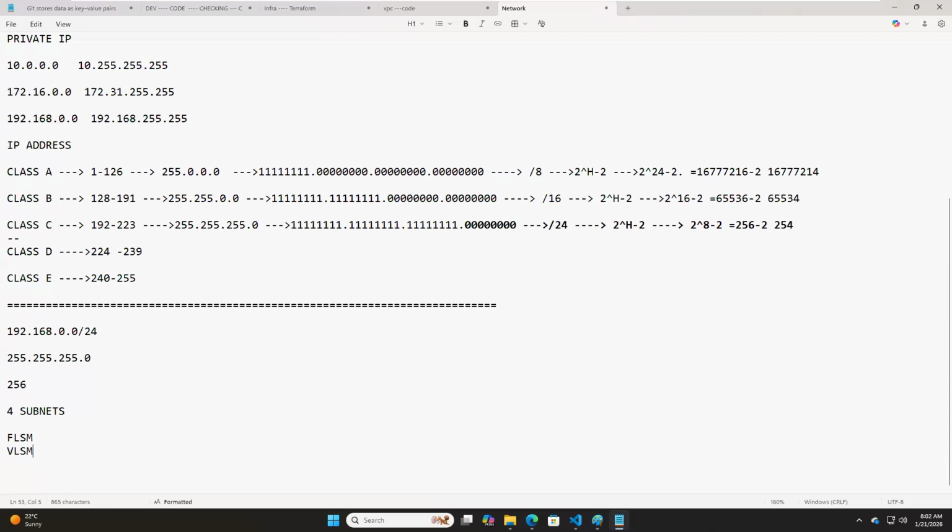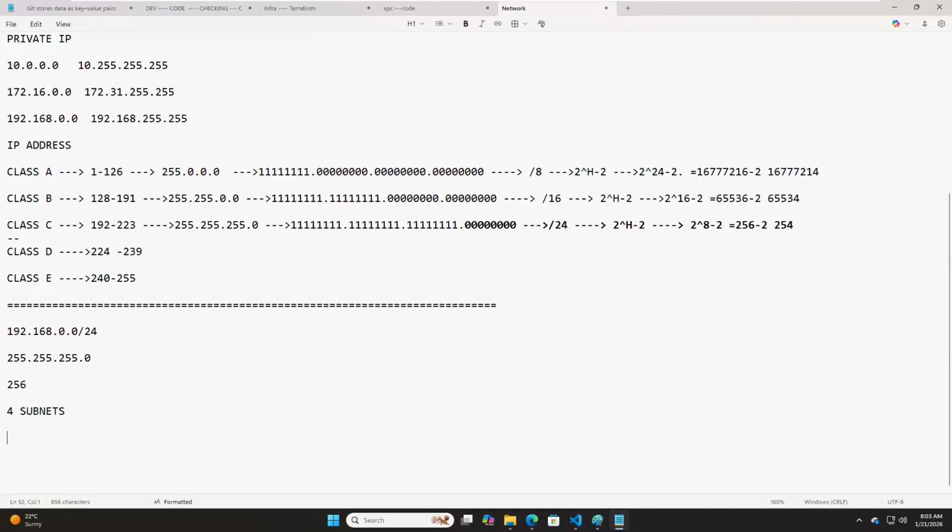You might ask me, sir, for example, I want to divide the network into 4 portions: one for HR, one for accounts, one for developers, and the fourth for my managers. You can ask me, in FLSM a constant number of IPs will be generated, and in VLSM we can go with variable numbers of IPs. For today, I am not talking about VLSM. We are talking about FLSM only.